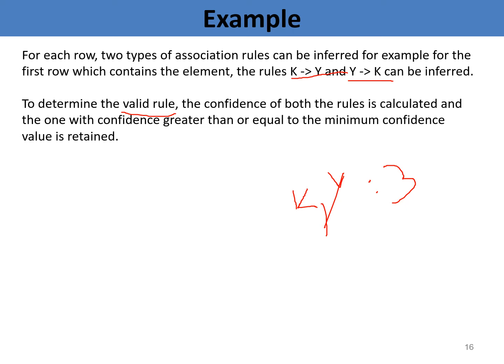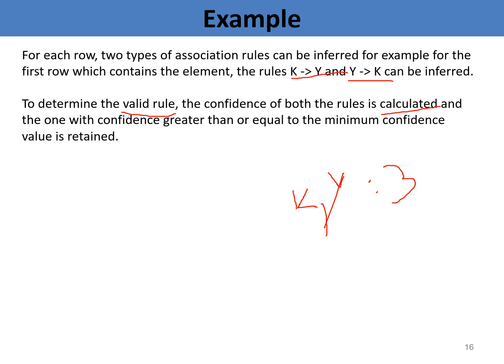Next, to determine the valid rule amongst the various rules generated from the previous slide, the confidence of each rule is calculated. And the formula for confidence: if you want to check the confidence of K implies Y, it is support of K union Y, that is how many transactions contain K and Y both, divided by support of K, that is how many transactions contain K only.